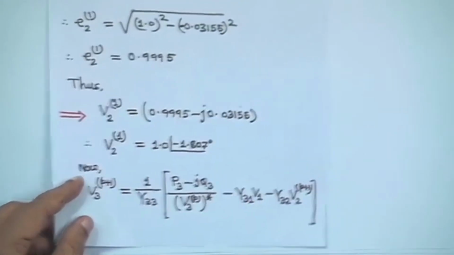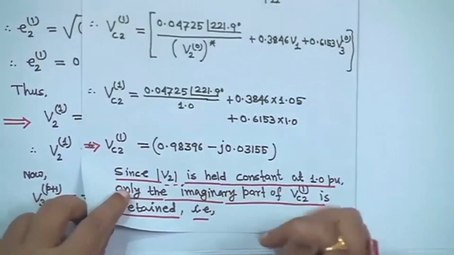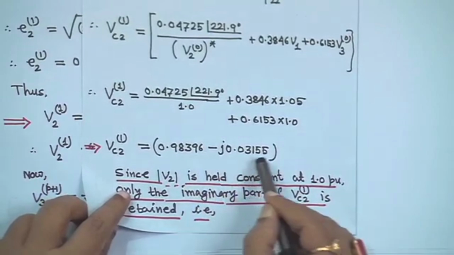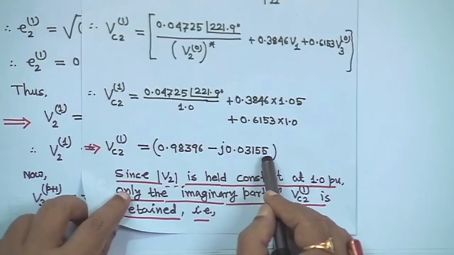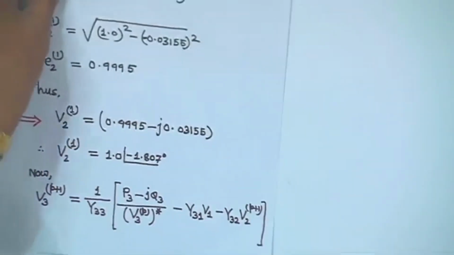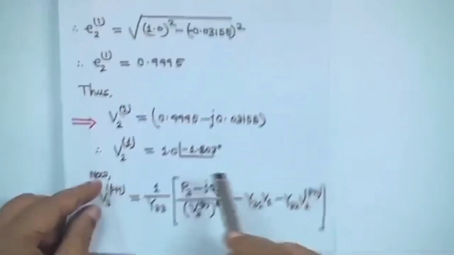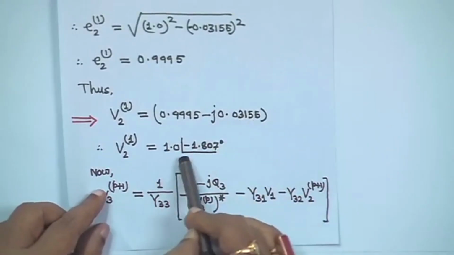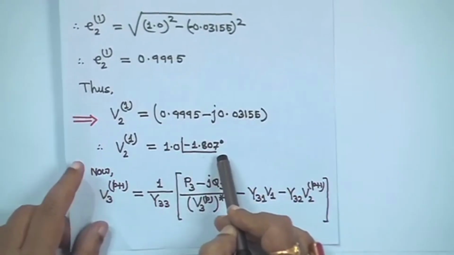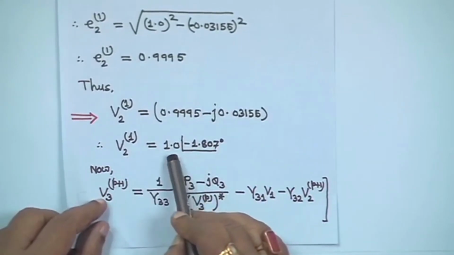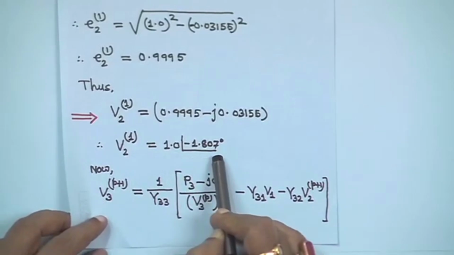That means using the Q2 injection we got 0.98396 minus j0.0315, but you correct it by this approach such that if you take the magnitude, it becomes 1 now, and the angle will be minus 1.807 degree. So, V2 in the first iteration has magnitude fixed because it is a PV bus, but the angle we have got.